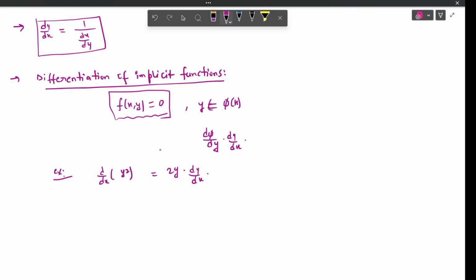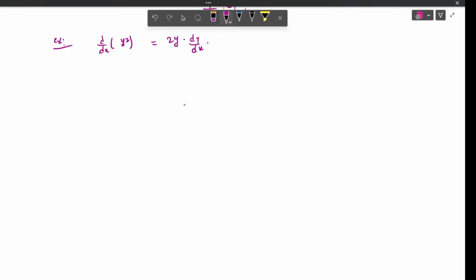That's how it works. We have covered differentiation of implicit function in a separate video. Please go through it. We'll solve one problem to revise the concept, but please go through our video of differentiation of implicit function.